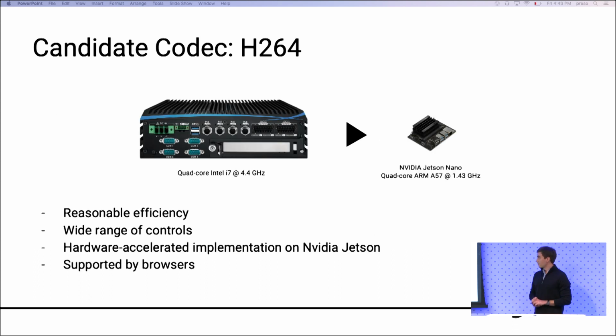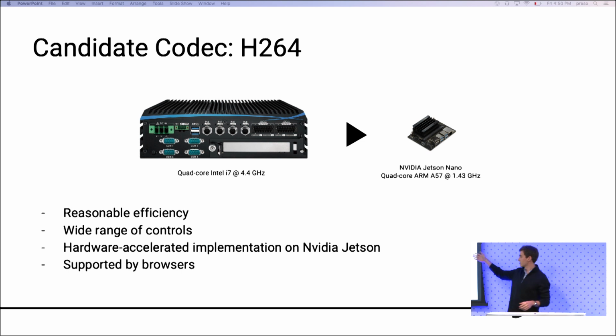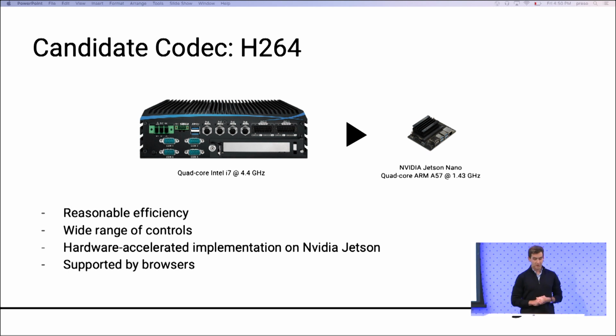And I would like to walk through that process for tuning the encoder on an example of H.264. The reason why we chose H.264 is because we had a customer that needed us to run on a very small device, the NVIDIA Jetson Nano, because of the space and power constraints on their vehicle.